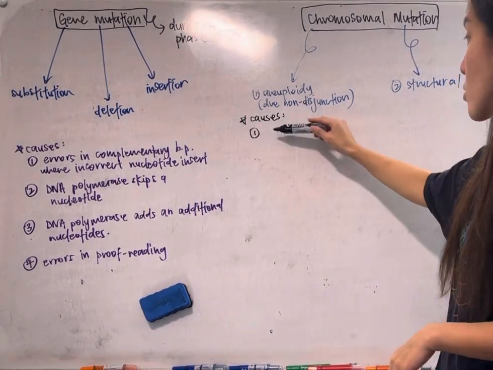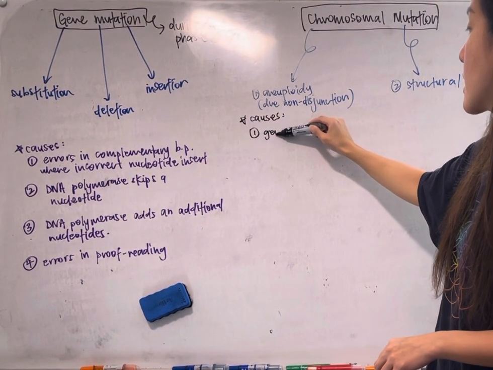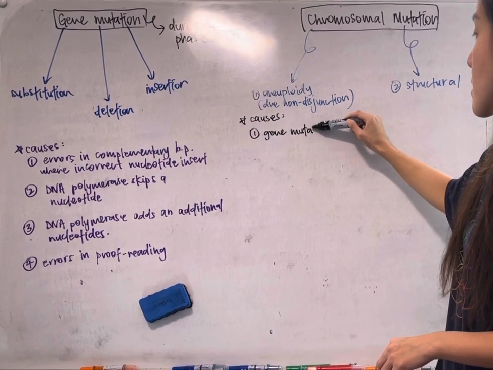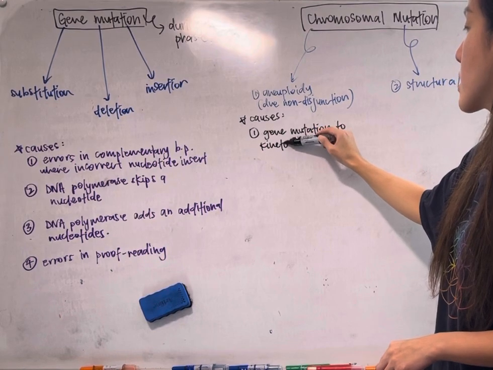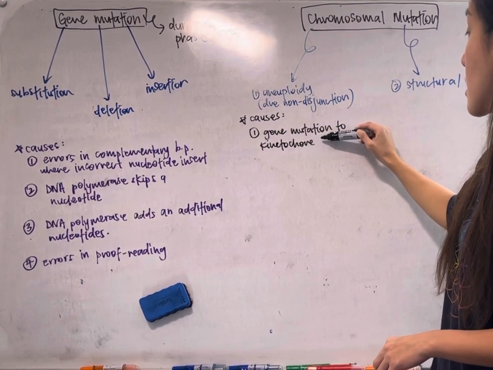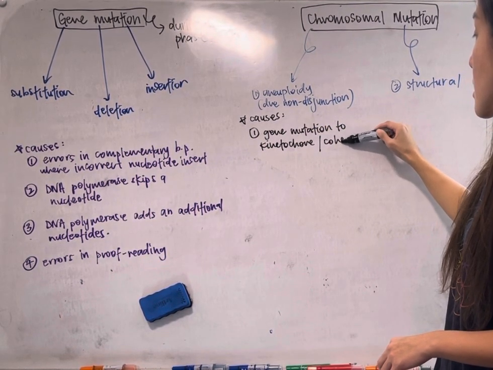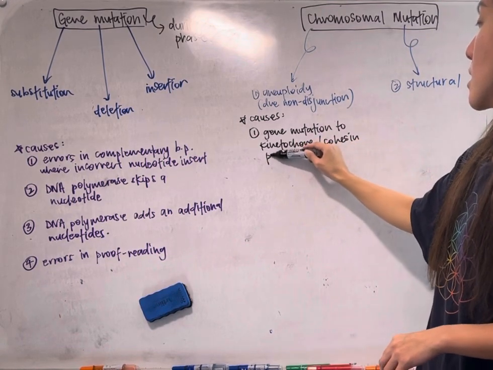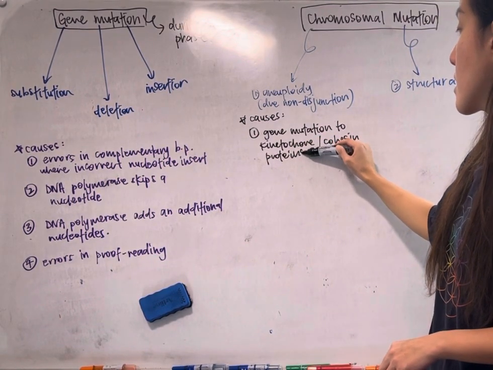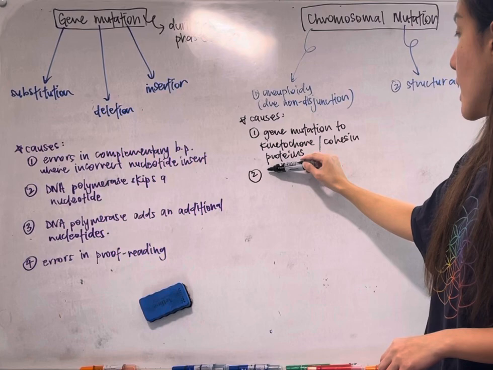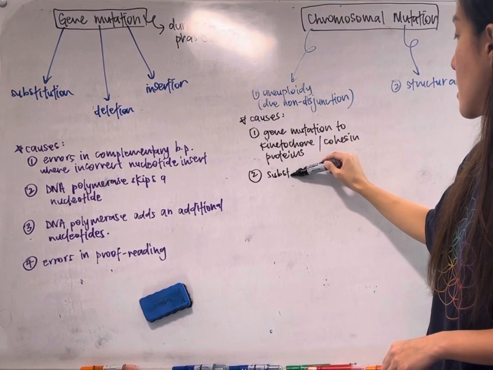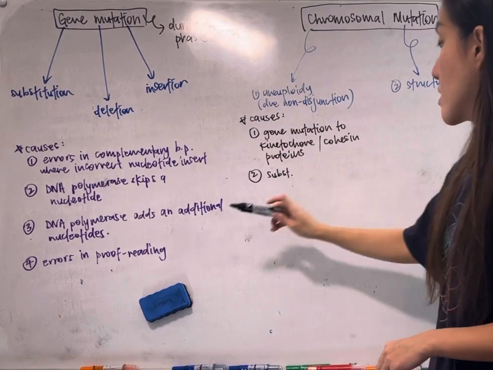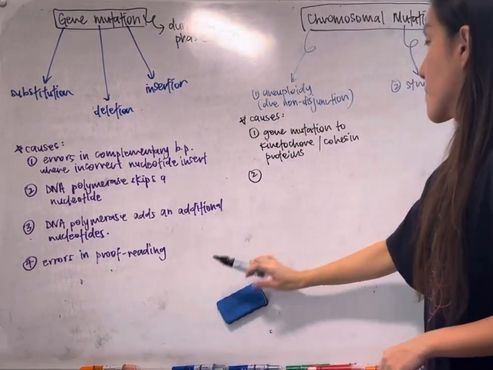So again, so many things, right? For example, you can say gene mutation to kinetochore proteins or cohesive proteins. This can be one, right? Agree? I can also have a substitution mutation or whatever mutation to the centromere.